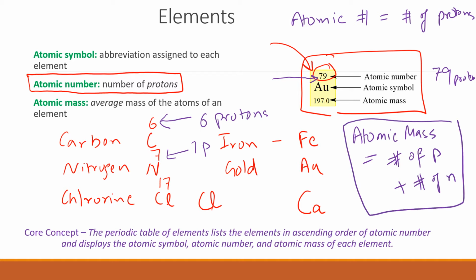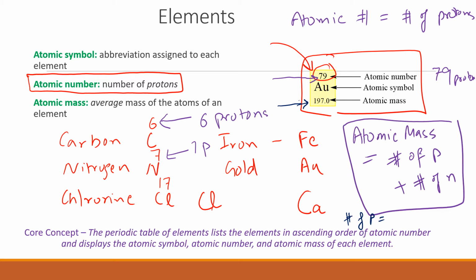So if you know the atomic mass and atomic number of any species, we can calculate the number of neutrons also. For example, gold has an atomic mass of 197 and an atomic number of 79.